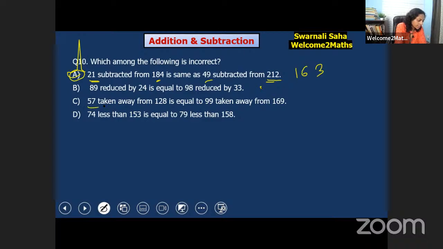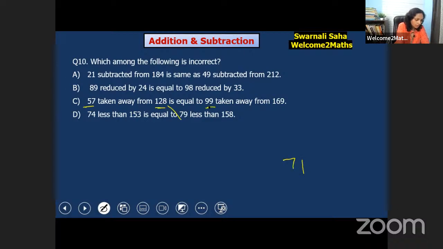So now let's see this one. 157, if we take away 57 from 128, it would be how much? Tell me. You all said that option C is the right one. So let's see, whenever we subtract 57 from 128, it is 71.